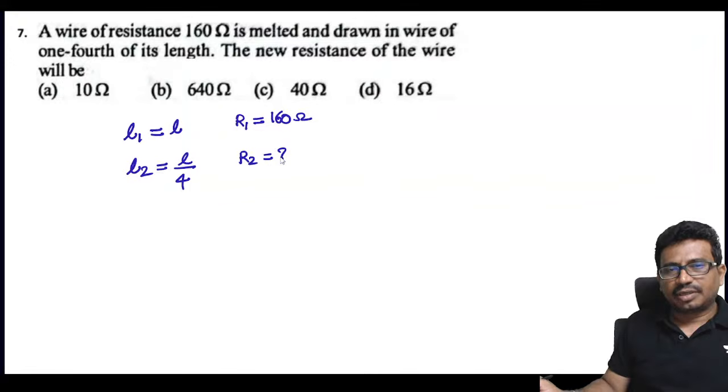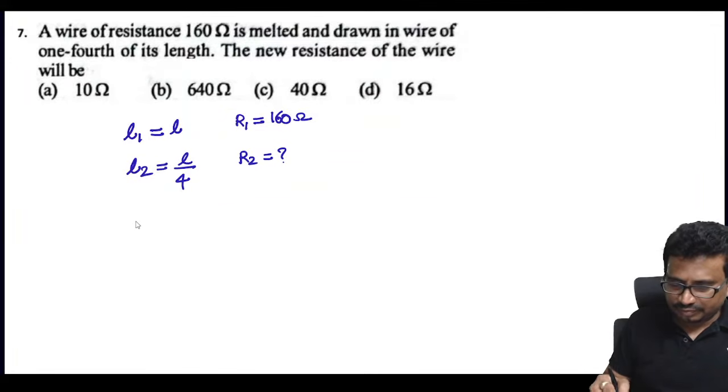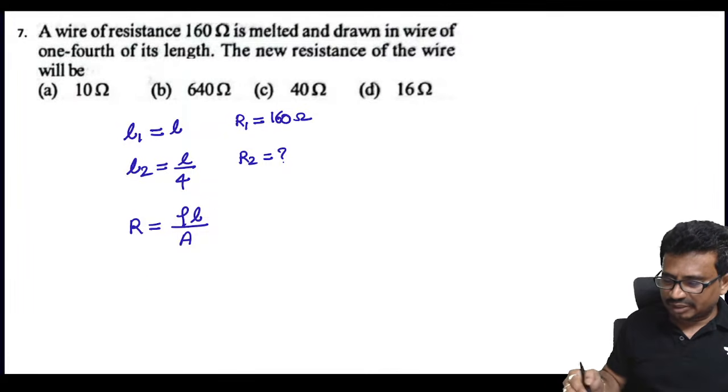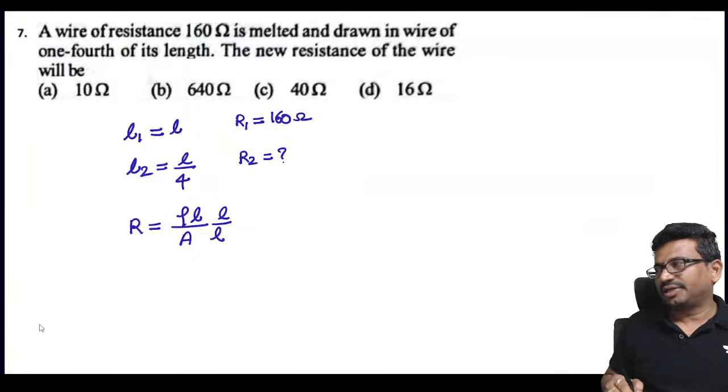Now the resistance of a wire is given as rho L by A. We multiply and divide with L, since length is given here.